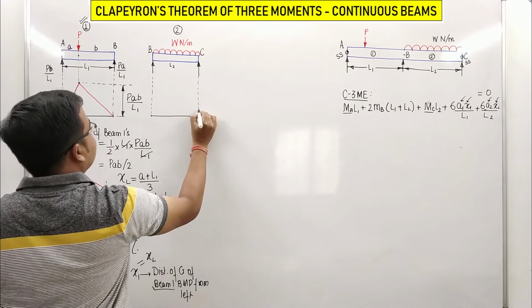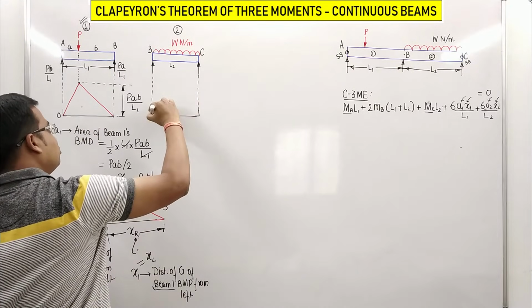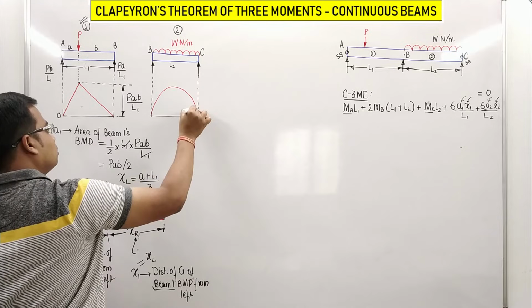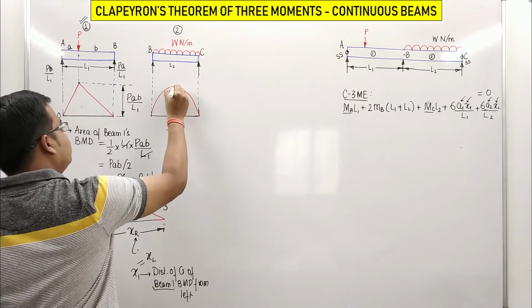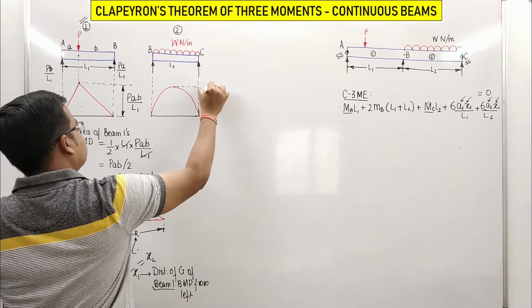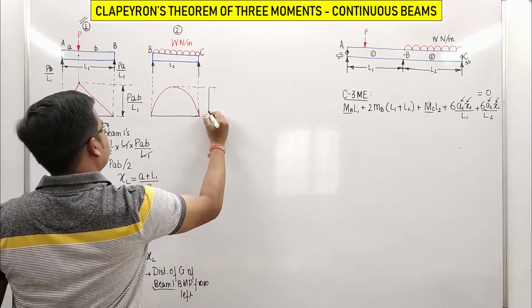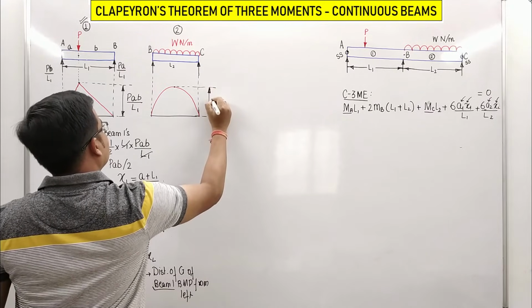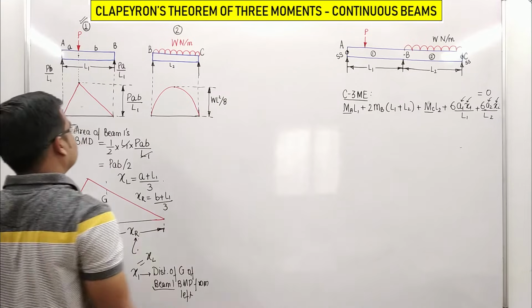Rather, I'm very much interested in making the bending moment diagram. If you watch carefully, the bending moment diagram would be something of this sort, and the highest value of bending moment will be right at the center. Let me write this. This is WL square over 8.